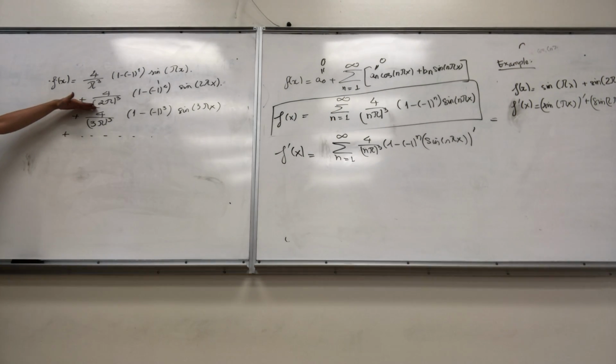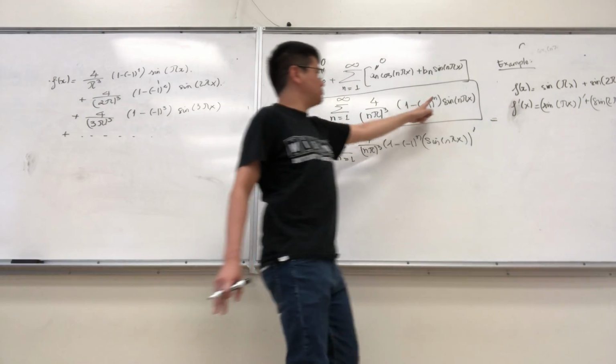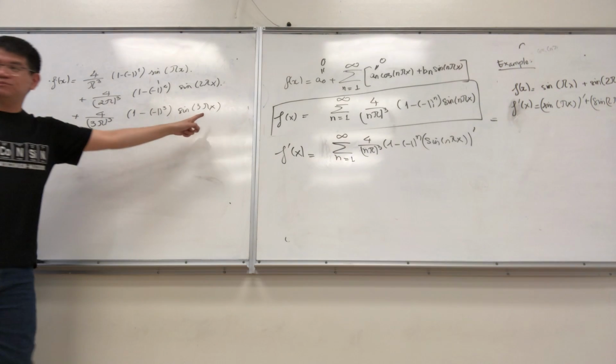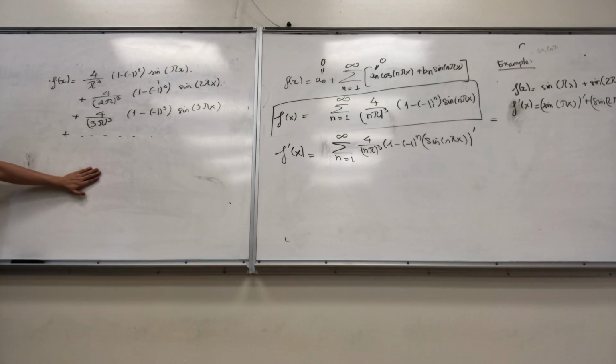And then you replace n to be 3, so you have 4 over 3 pi to the power 3, 1 minus (-1) to the power 3, because here I replace n to be 3. So here I have sinus 3 pi x, and I continue this infinite sum, right?